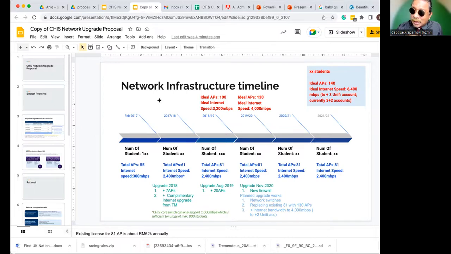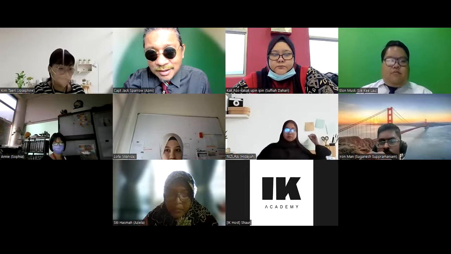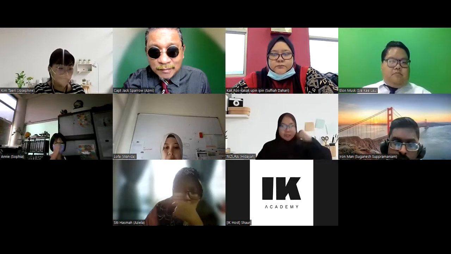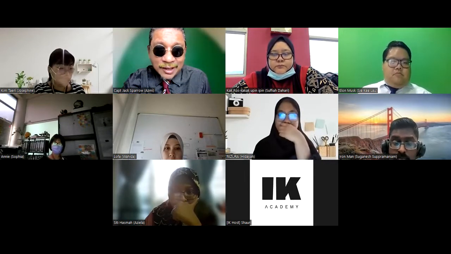But putting this timeline, this diagram, is also good already, because in many presentations they don't even use a diagram to show the timeline. So this is good already. At least there's a diagram to represent the timeline.